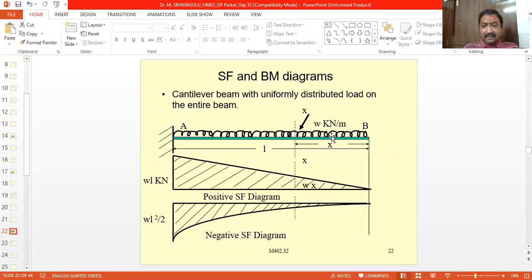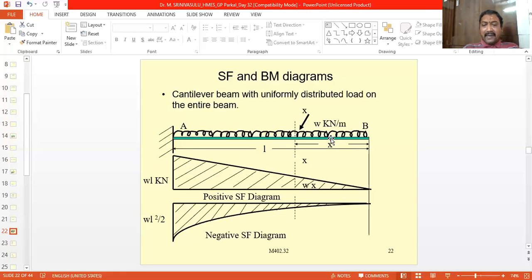So at this point it will be acting, the amount of force being W into x. Now this is x by 2. Now we have to take the moment. So what is the moment? Wx is the force, and x by 2 is the distance between this xx and this force.